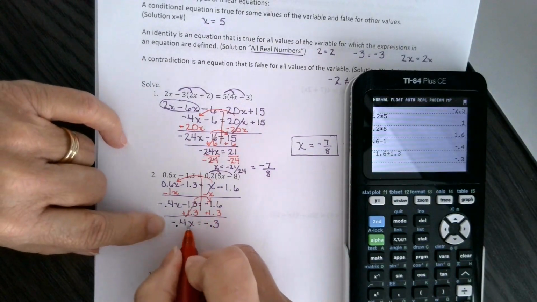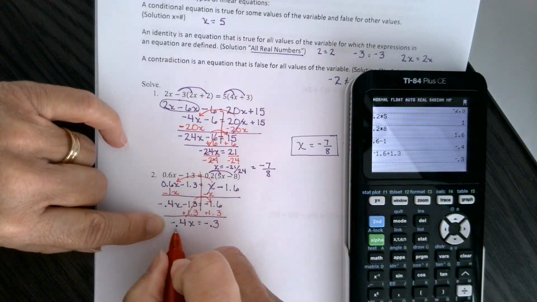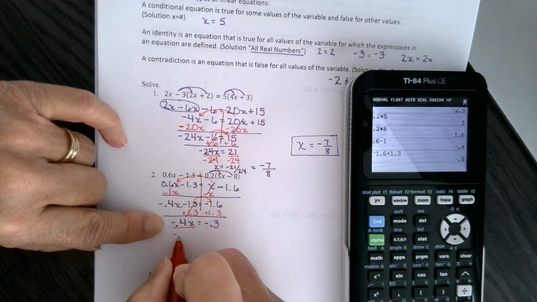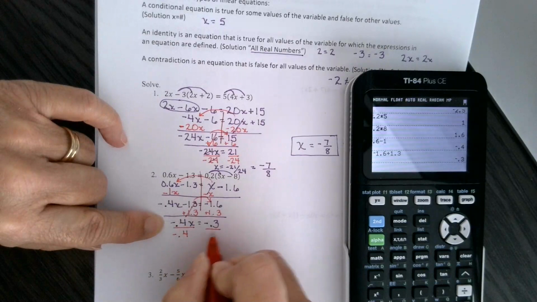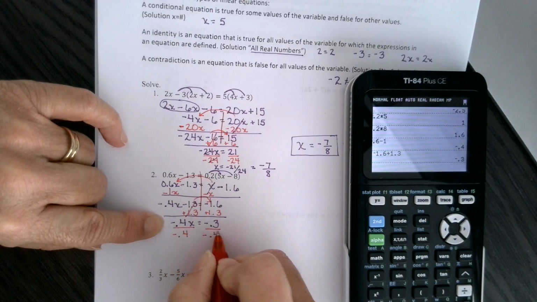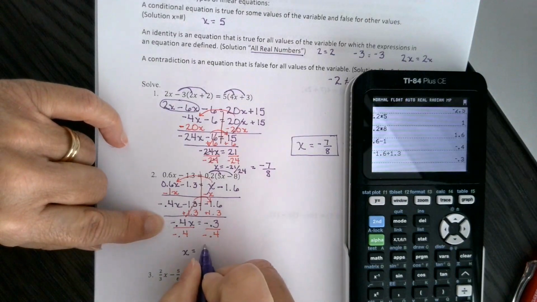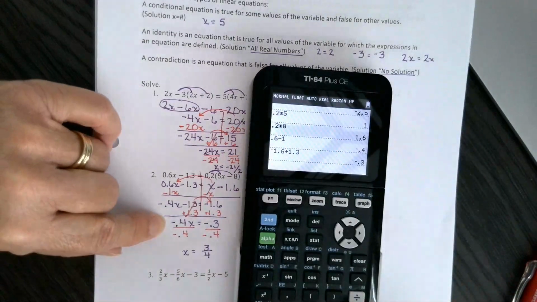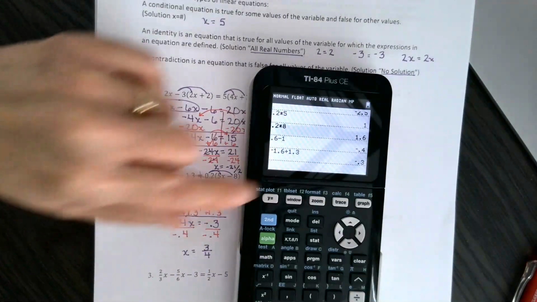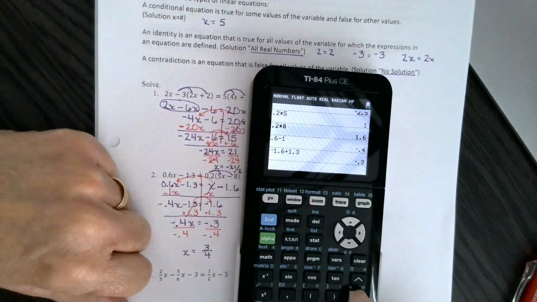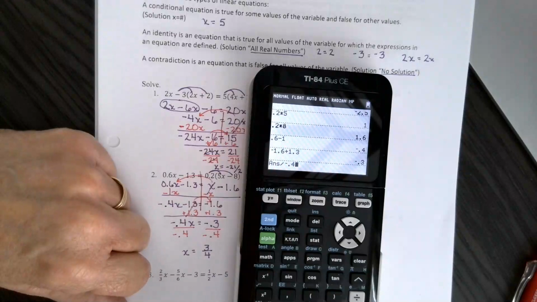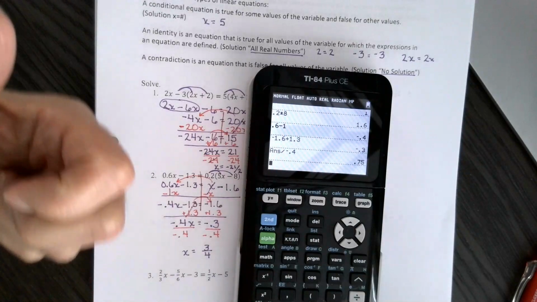So now this is negative 0.4 times x, so I'm going to divide by negative 0.4. And x is going to give us a positive 3/4. But if you do this on your calculator, you have negative 0.3 already there, so I'm just going to divide by a negative 0.4. You'll end up with 0.75.